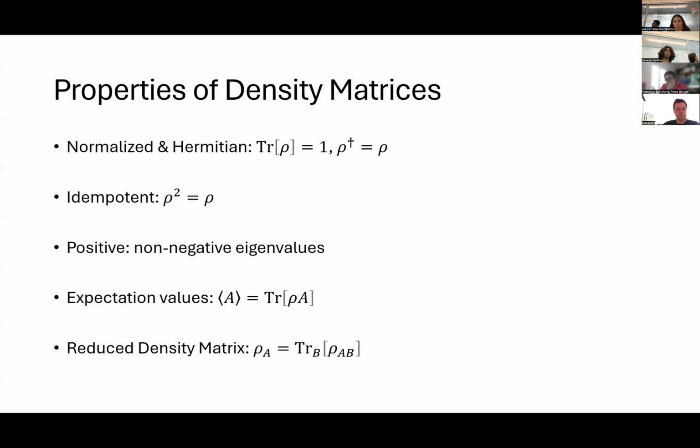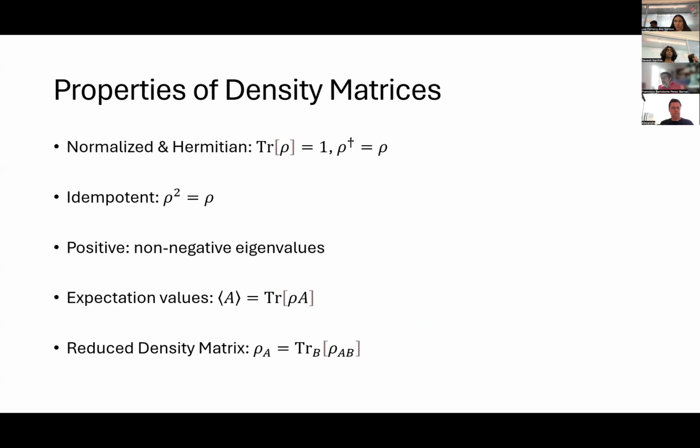They're positive, which means that they have non-negative eigenvalues, so 0 or positive values. And when you're calculating an expectation value, or finding the value of an observable with density matrices, you can find the trace of the density matrix times the observable, and it'll get you the expectation value.